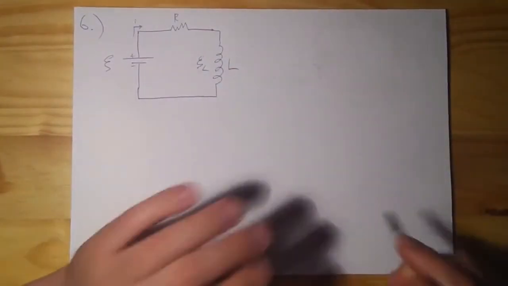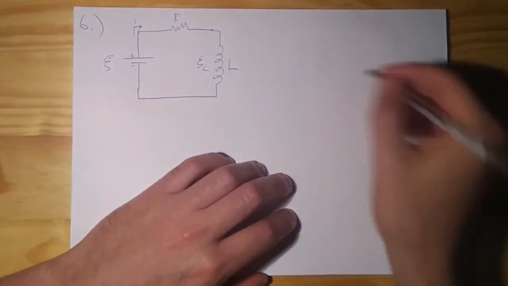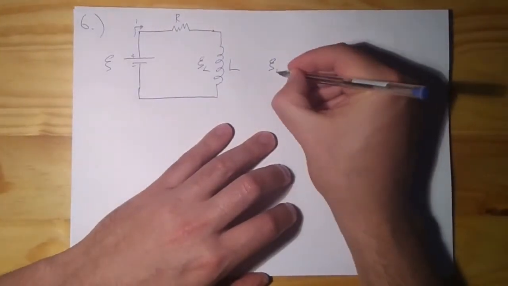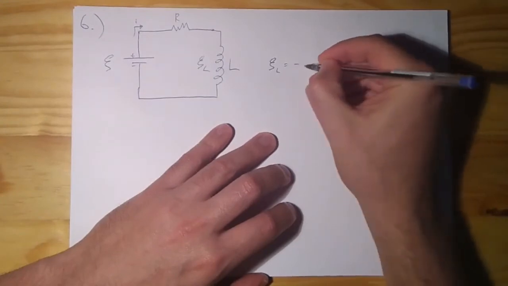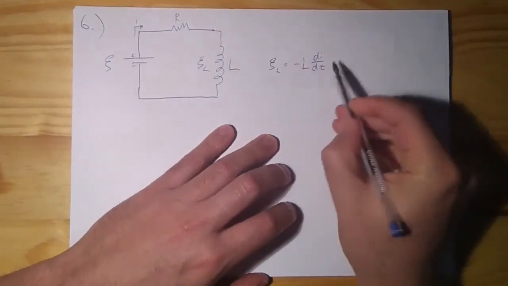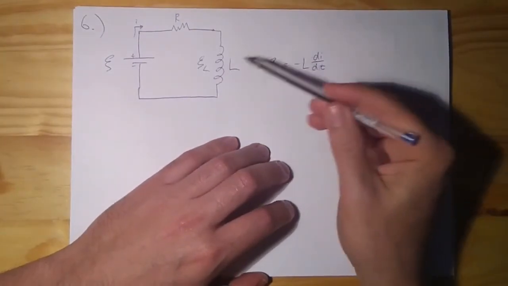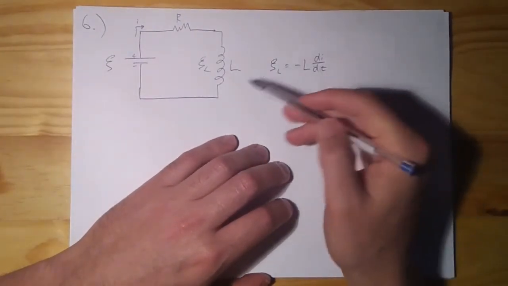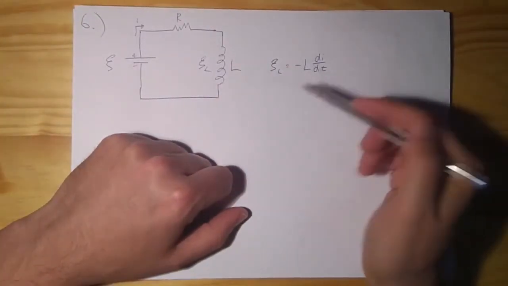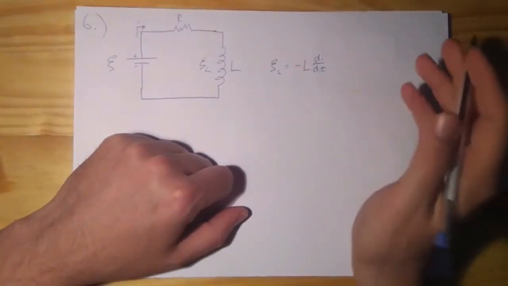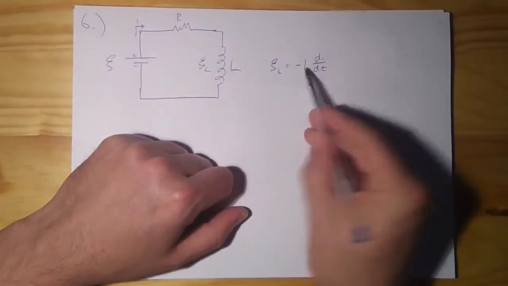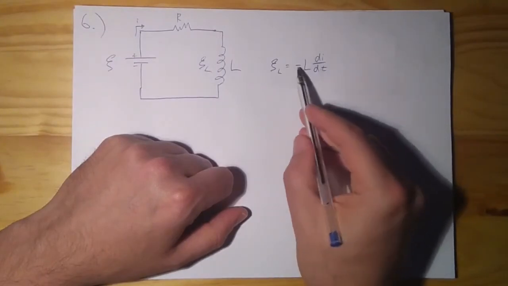Okay. Now, the induced EMF in the direction of current is always just going to be minus L times di/dt. It depends: nothing special is going on if the current is just a constant. But if the current is changing, then the amount of magnetic field, or the magnetic flux, through the coils changes, and then you've got an induced EMF, and it is always in the opposite direction to the change, which is where the minus comes from.